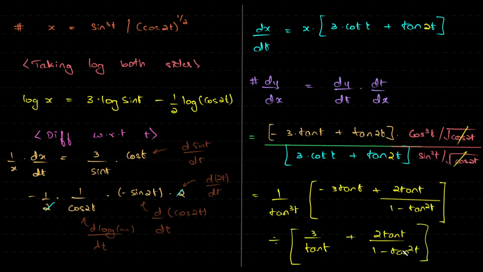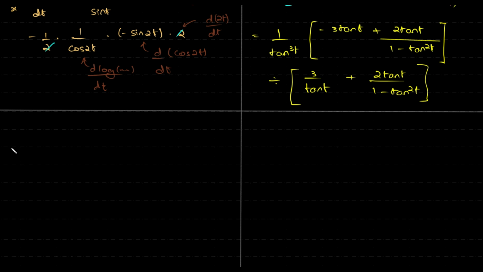Again, we are in a place wherein we have to simplify this. There's no other way. Then we have 1 by tan cube t, that will continue to be there outside. And we have the brackets in the numerator. The LCM will turn out to be 3 minus 3 tan t plus 3 tan cube t plus 2 tan t, divided with 1 minus tan square t.